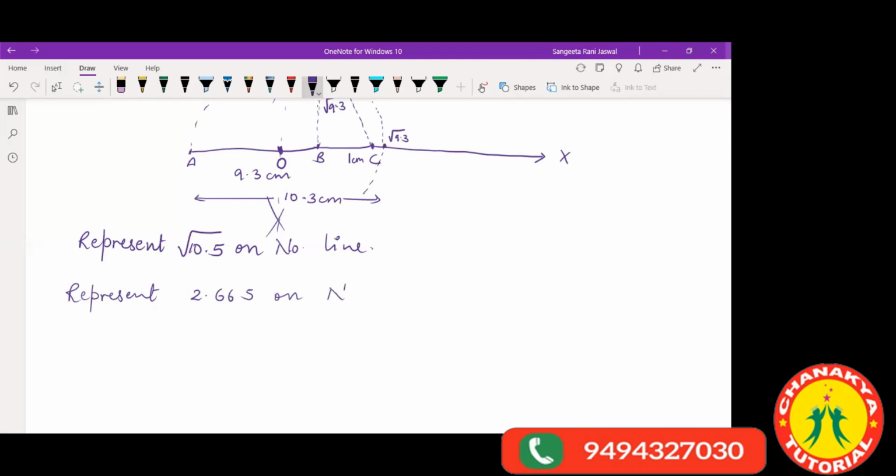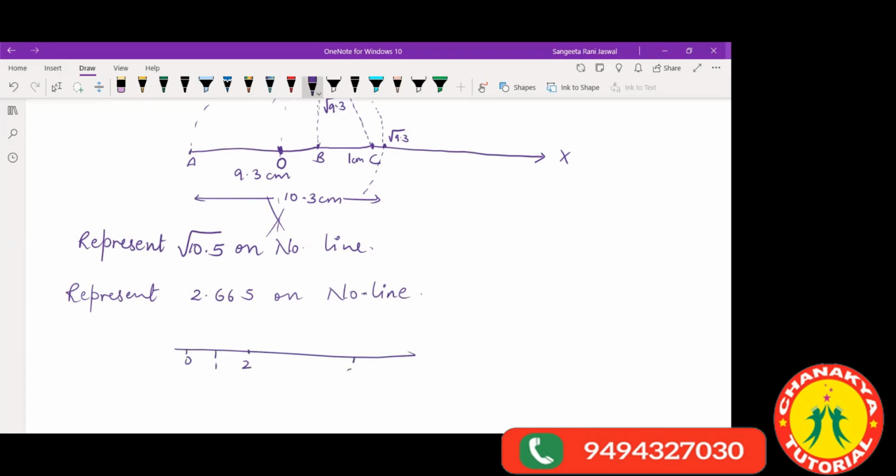How do you represent this number, which has so many digits after the decimal? See, one thing is clear here: this number lies between 2 and 3.